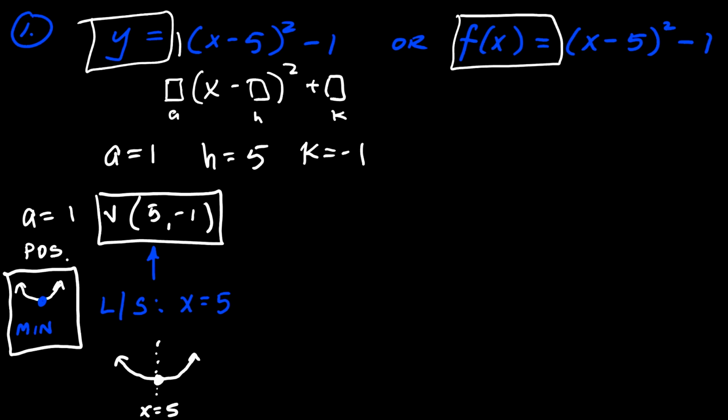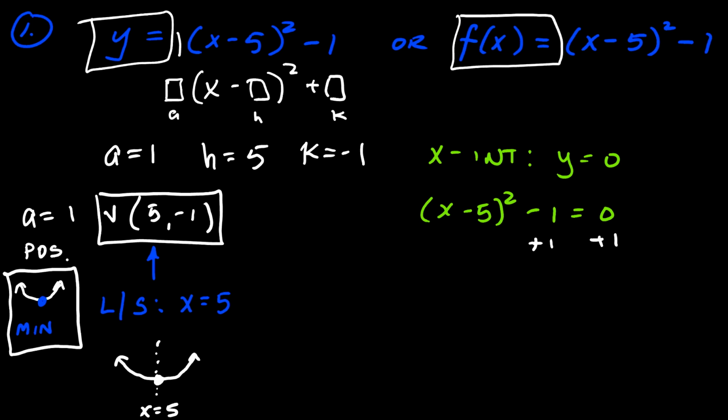The next thing we'd like to find is the x-intercepts. To find the x-intercepts, you may recall that we set y equal to 0. In doing so, we'll have our equation, x minus 5 squared minus 1 equals 0. So we'll go through our usual steps for inverse operations and solving equations. We'll add 1 to both sides, leaving us with x minus 5 squared equals 1. We'll then square root each side.